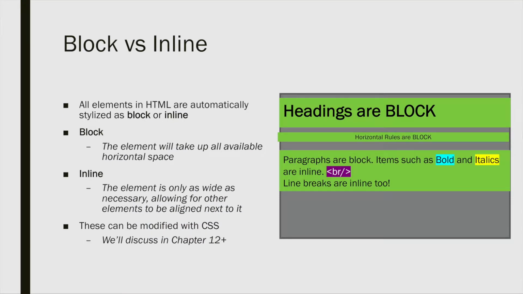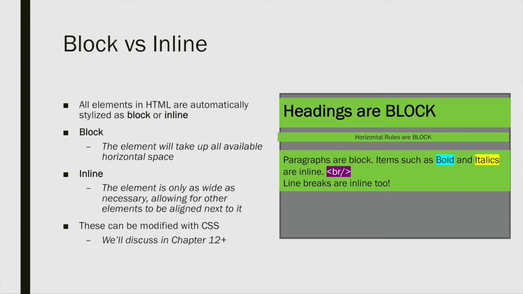Let's talk about block versus inline. All elements in HTML are automatically styled as block or inline. What this means is that an element that is block style will automatically take up all the available horizontal space, such as headings, horizontal rules, and paragraphs. Inline elements are items that can be in line, hence the name, and are only as wide as necessary, allowing other elements to be aligned next to them, such as bold, italics, and line breaks.